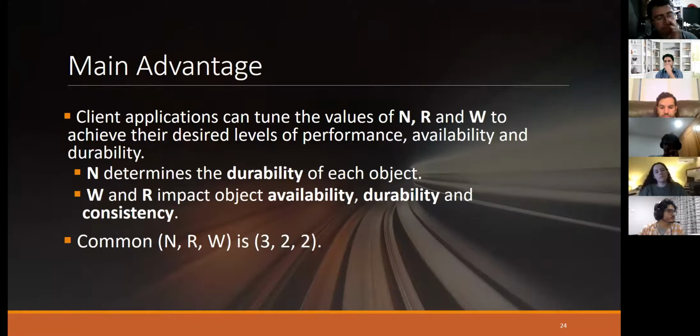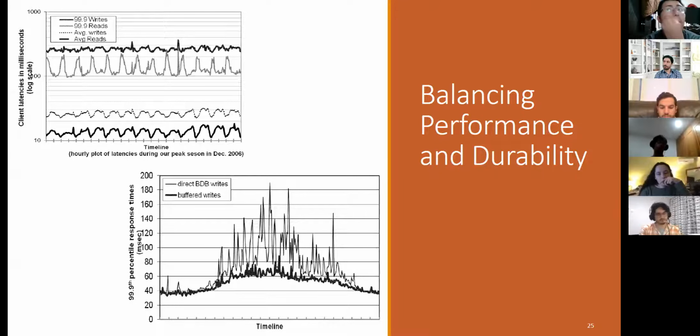A common configuration used by several instances of Dynamo from the paper is 3-2-2, which stands for 3 replicas, 2 for reading, and 2 for writing. These values are chosen in order to meet the availability service level agreement. We can go to the next slide, please.